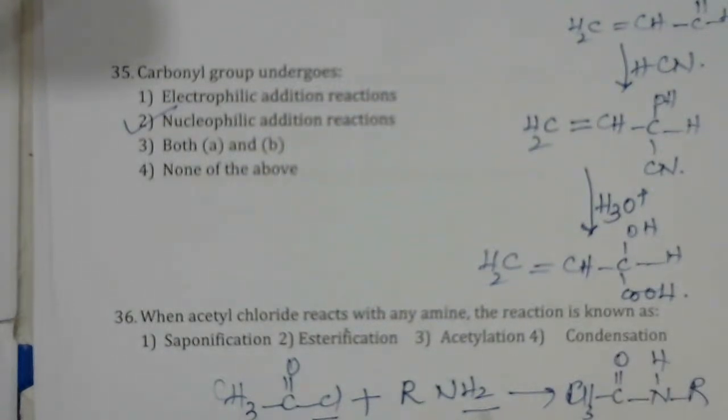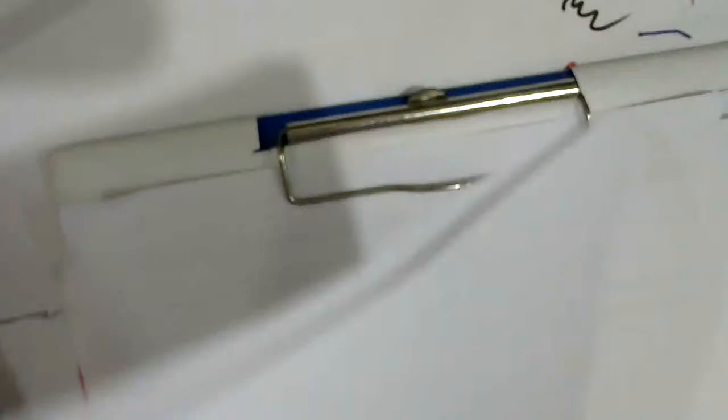This reaction is what, children? Acetylation. Remember one thing, acetylation is possible in primary and secondary amines, but it is not possible in tertiary amines because tertiary amines do not contain replaceable hydrogen atoms.